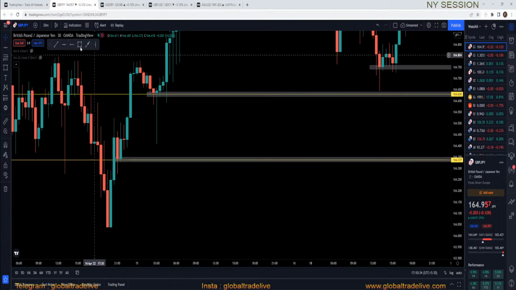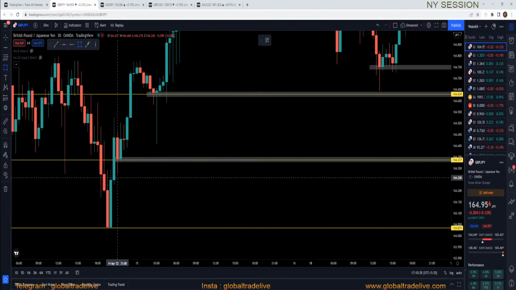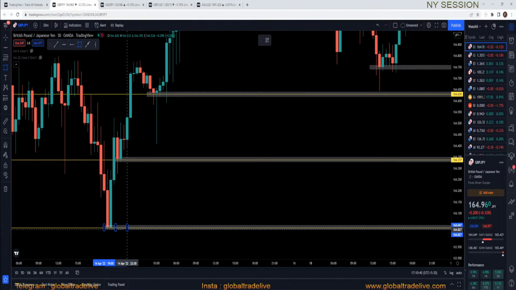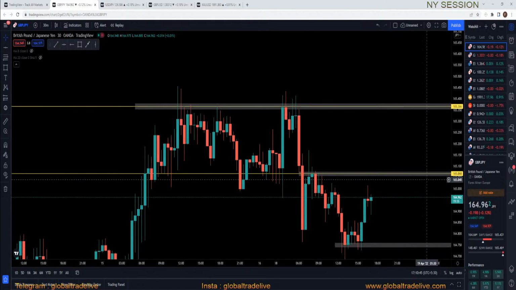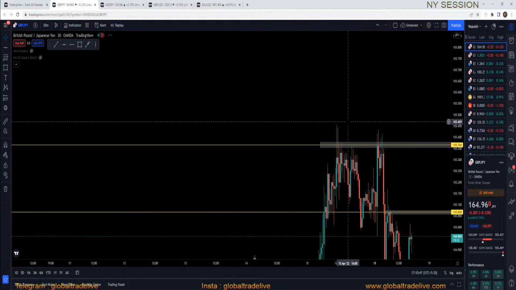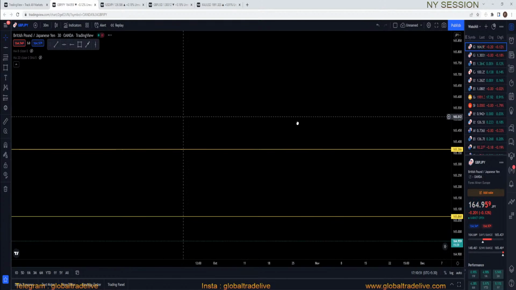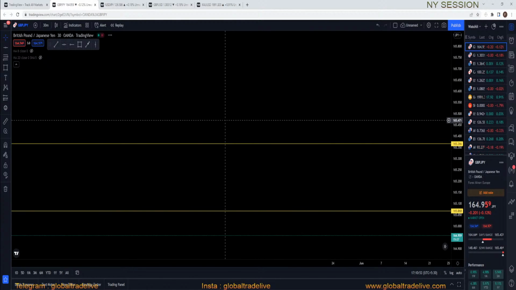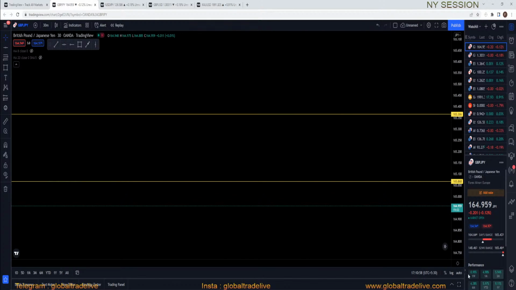This is like 28 pips of range. So yeah, let's see. So we have marked our sell areas, we have marked our buy areas, everything is marked and looking nice. Yeah, I think we don't have anything on the left. Nope, nothing.